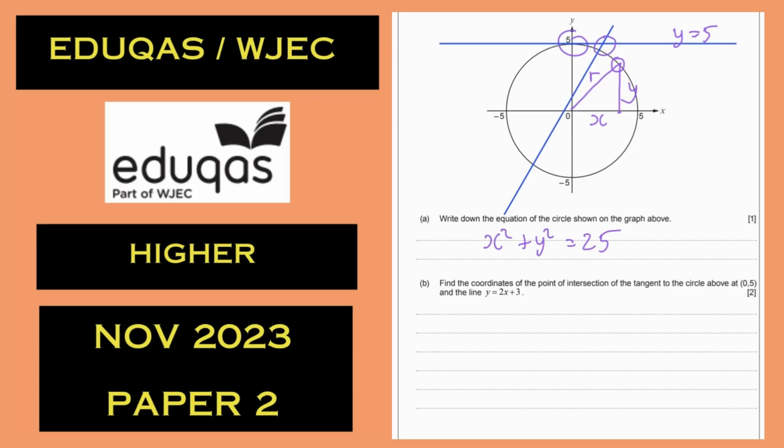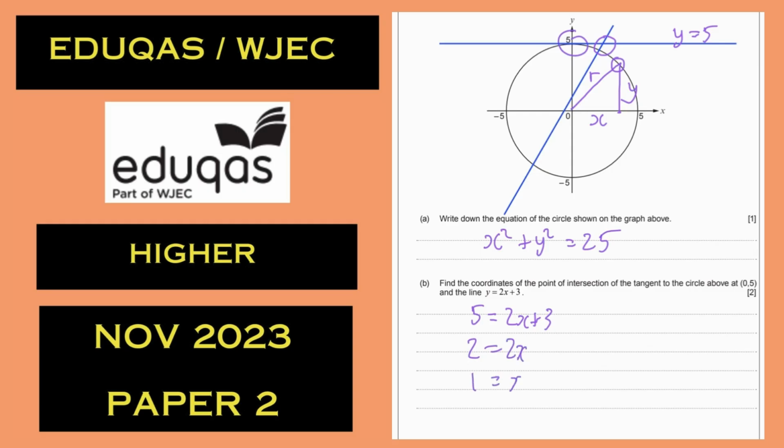How do you find the points of intersection? It's simultaneous equations, but look how easy they are. You've got a linear and world's easiest linear. We're simply going to stick y equals 5 into this equation and solve it. Take away 3 from both sides.